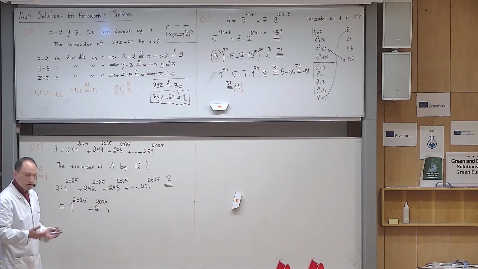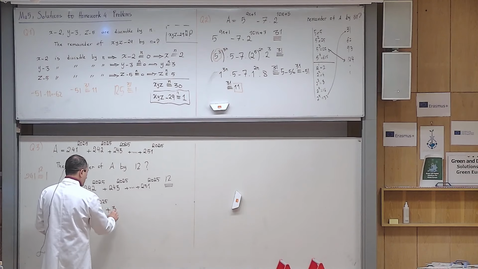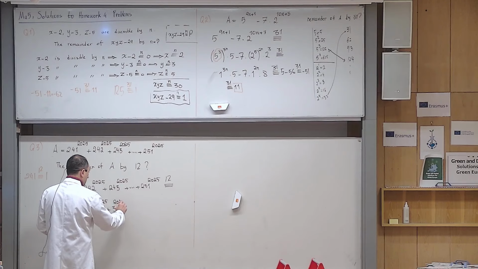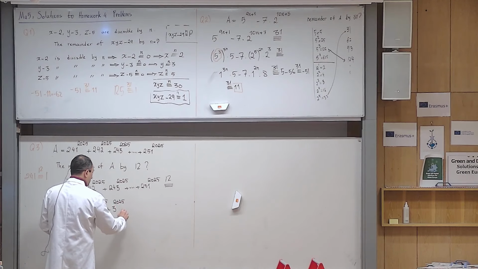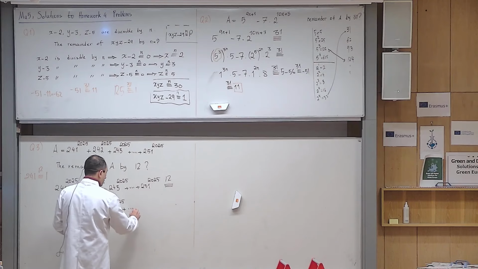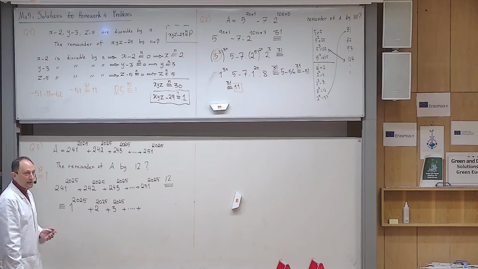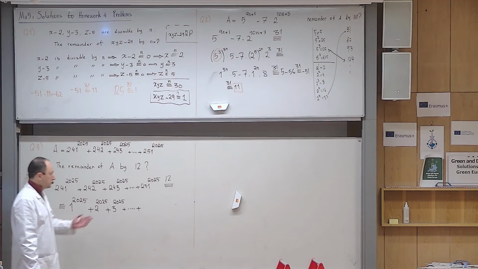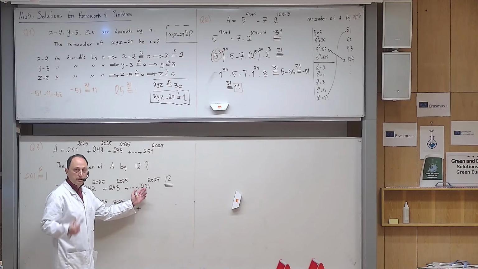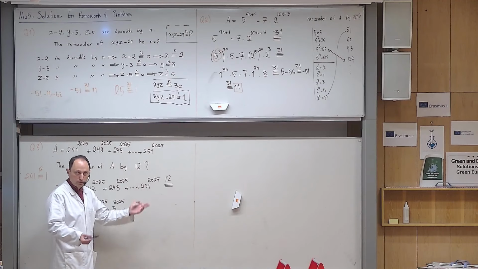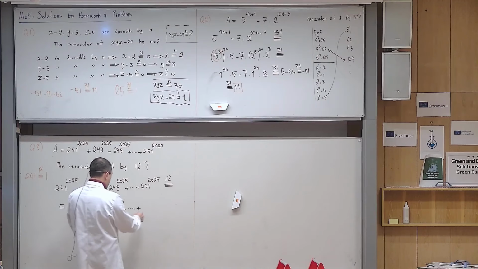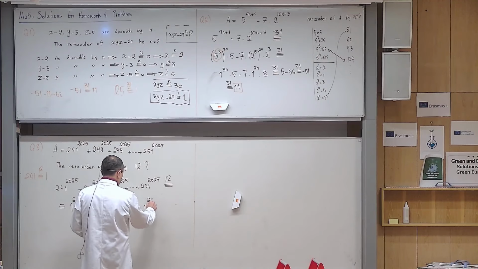What is the next one? 3. Yes? So it becomes 3 to the power of 2025, and this will continue this list. Can you tell me finally what is the last one? 11. Yes, because 251 minus 11 is again 240, and 240 is divisible by 12. So if you continue this list, it goes up to 11.